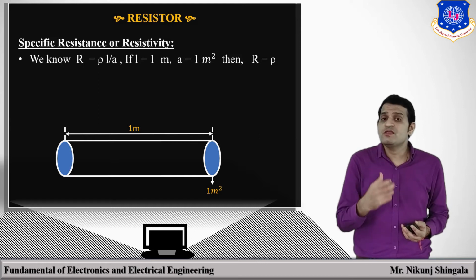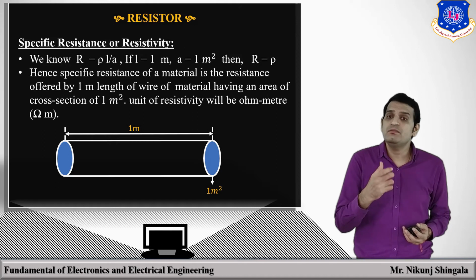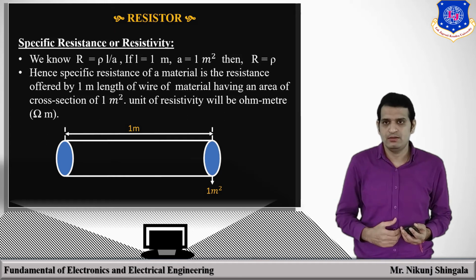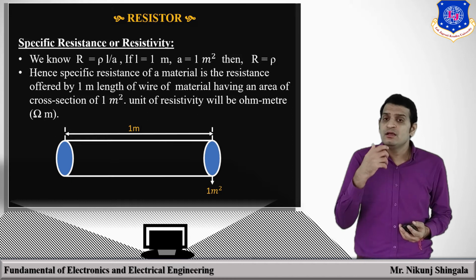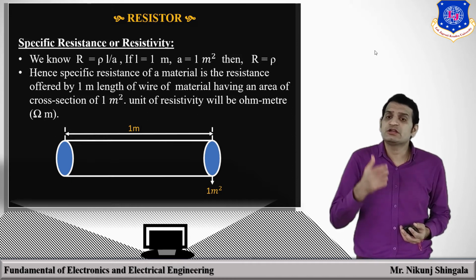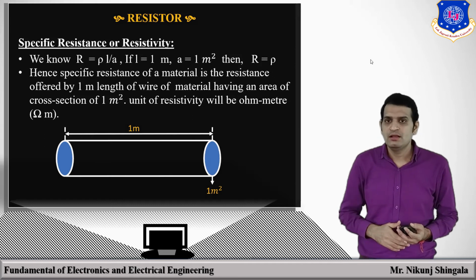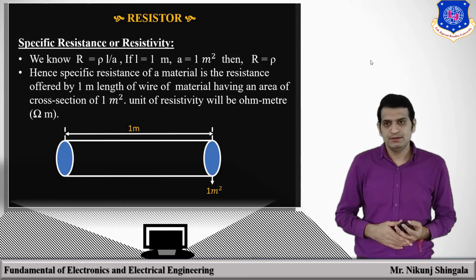So the specific resistance of a material is the resistance offered by a conductor having 1 meter length and 1 meter square cross-sectional area. The unit of resistivity is ohm meter.